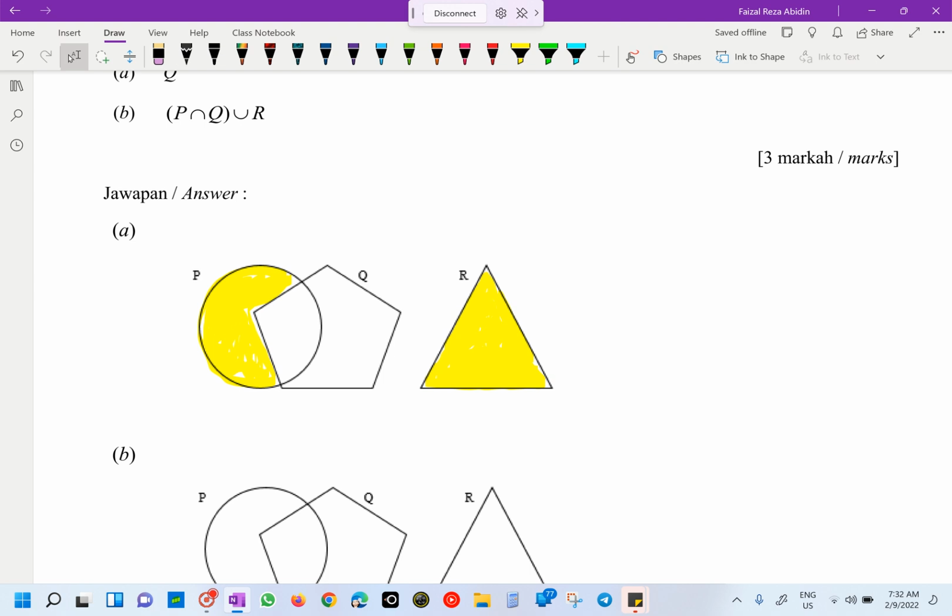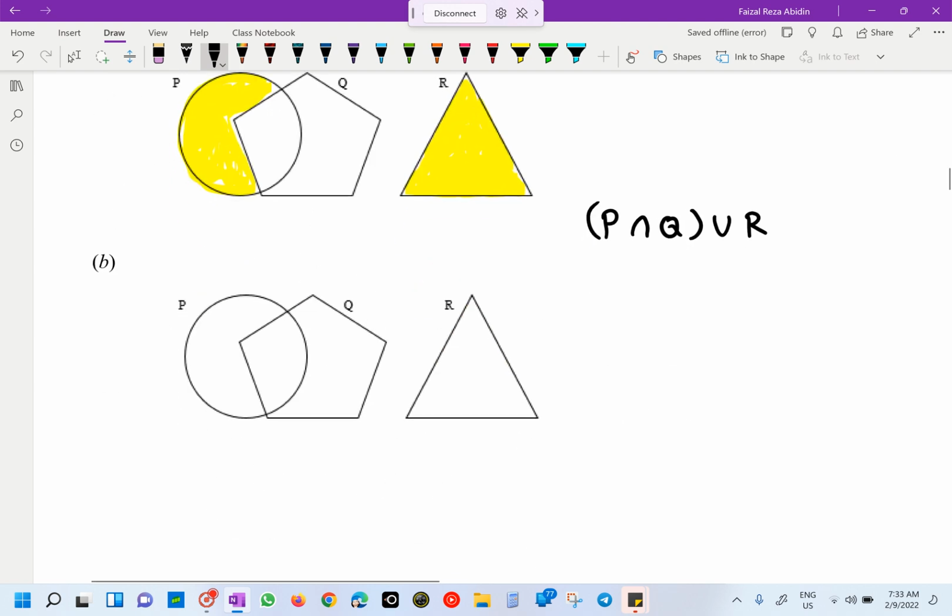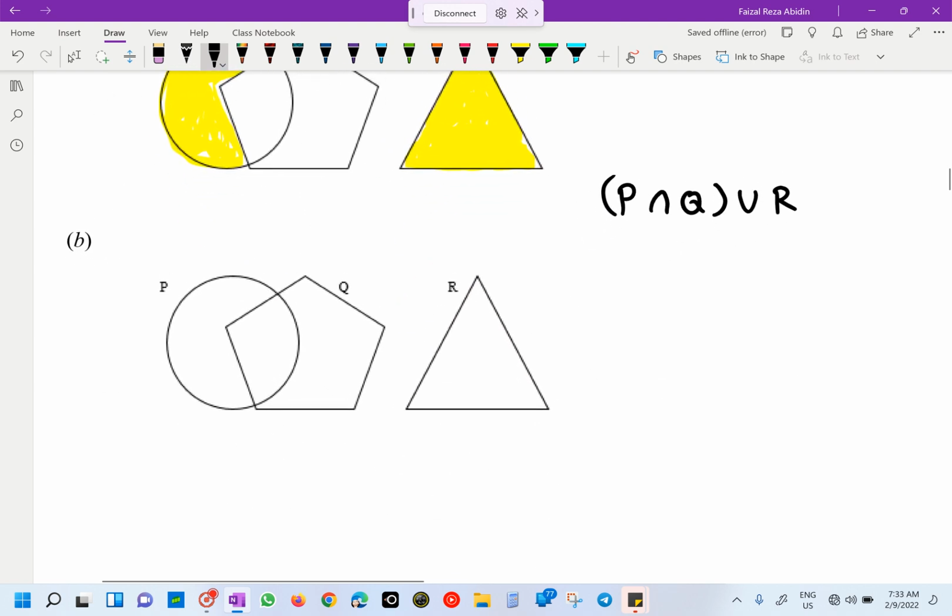Okay, next, we have P intersect Q, and then union R. For this one, maybe some of you will give numbers to the regions, like this.